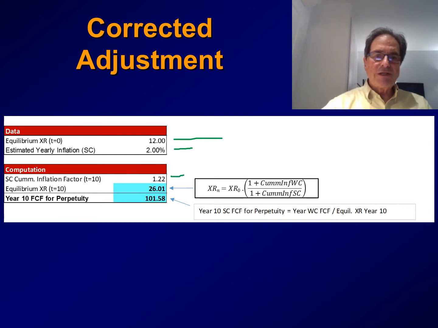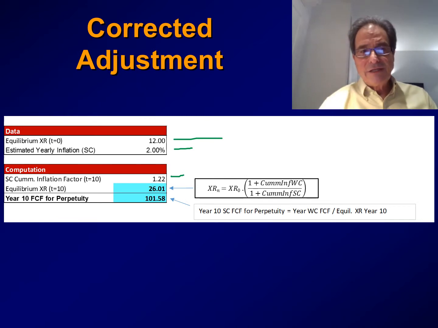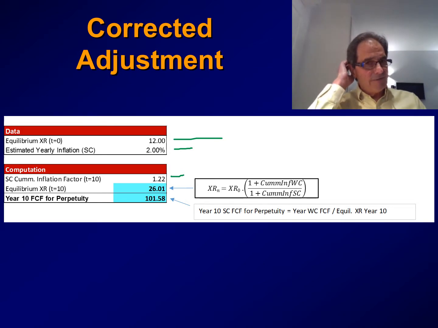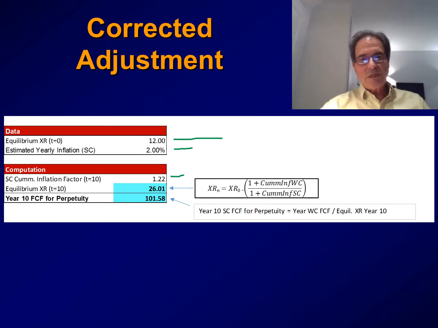So this cumulative inflation in a strong currency allows us to calculate the strong currency cumulative inflation factor for year 10, which turns out to be 1.22. And then applying the formula, we obtain an equilibrium exchange rate for year 10 of 26.01.